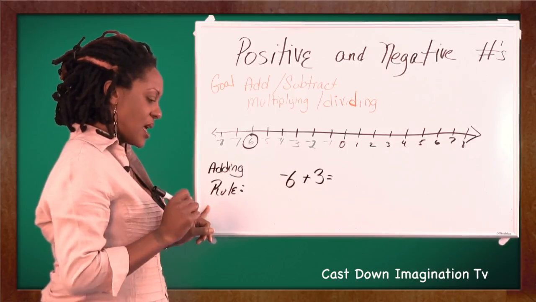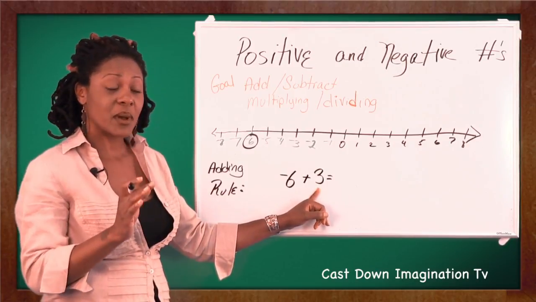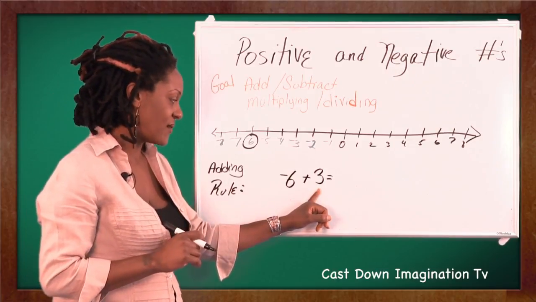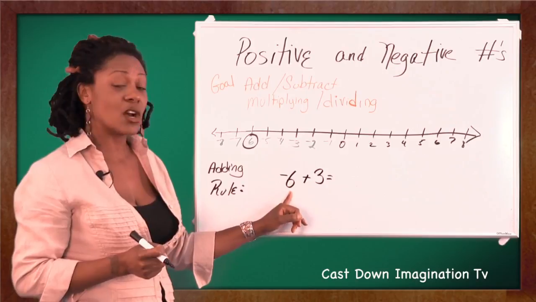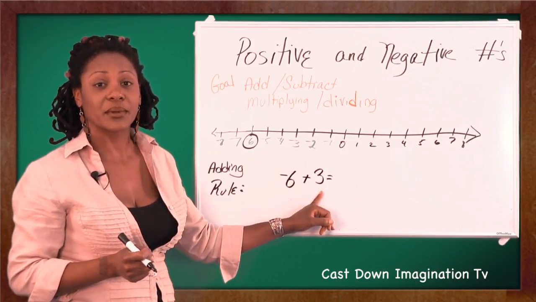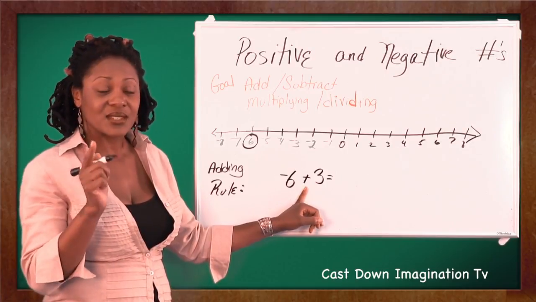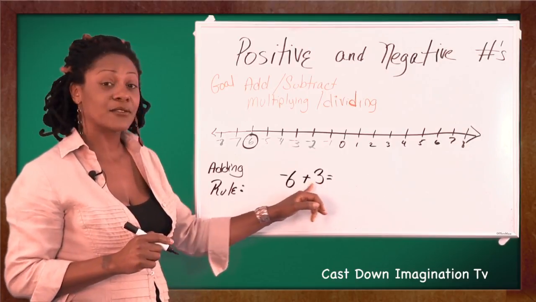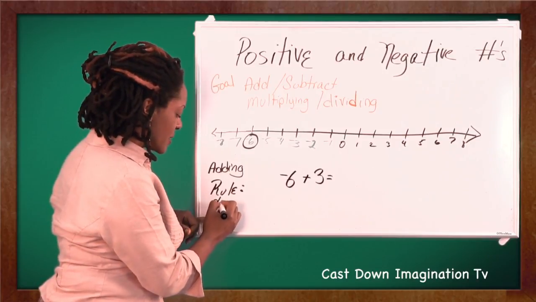Good. Here we have, if both the numbers are different, meaning one's positive and one's negative, we are going to subtract those numbers. So we're going to take the larger number and subtract the smaller number. Now, even though our function is addition, that is the rule for when you have different signs. So here, the rule for adding, different signs.